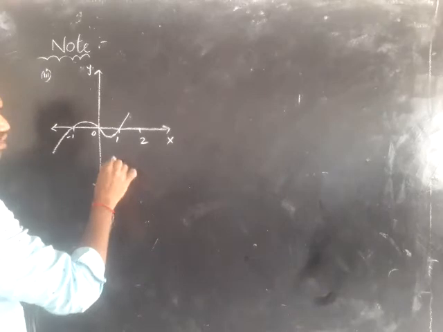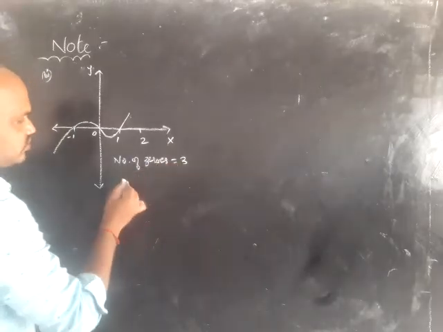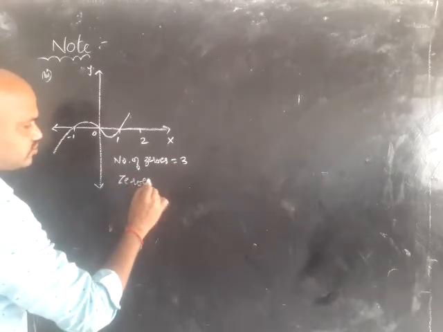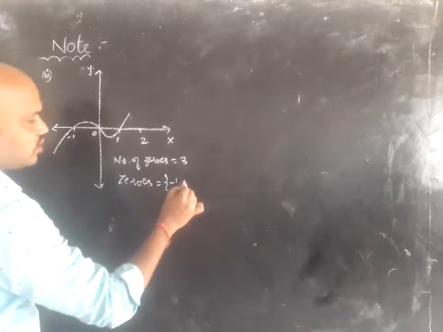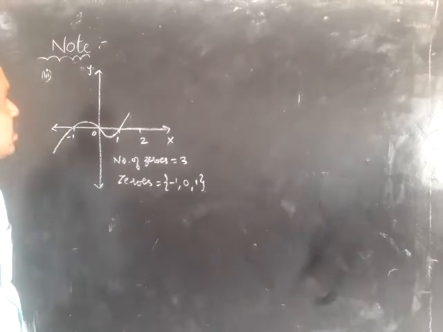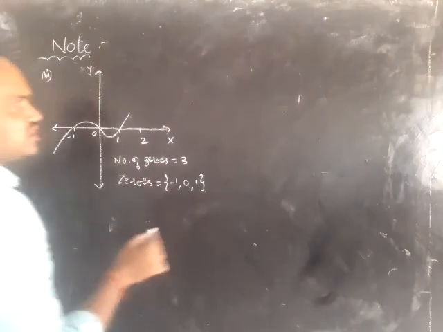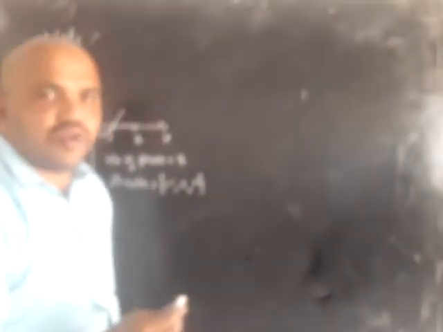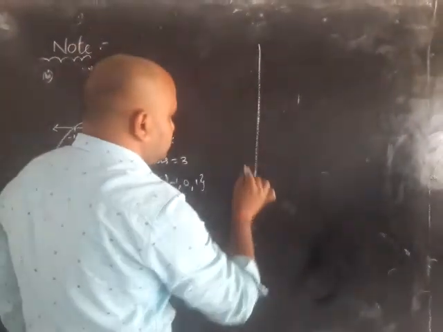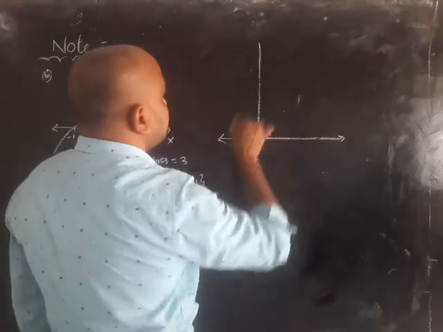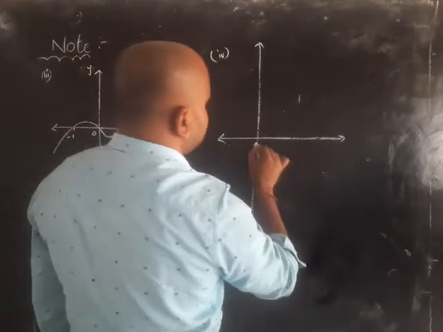So it has how many zeros now? Number of zeros are 3. Then zeros will be minus 1, 0 and 1. Now this works for the polynomial y equal to p(x). So we are discussing the polynomial with variable x only. Now the fourth example.